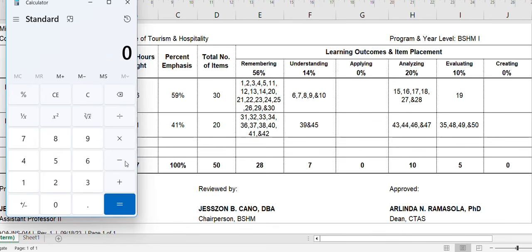They have a total of 7 items. 7 divided by 50, which is the total number of items, we have 14%. So if we will total all the percentage here in all the learning outcomes and item placement, we have a total of 100%: 56 for the remembering plus 14 for the understanding plus 20 for the analyzing and plus 10 for evaluating. We have a total of 100%.